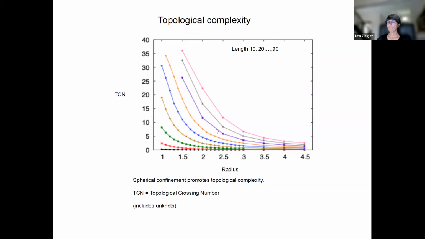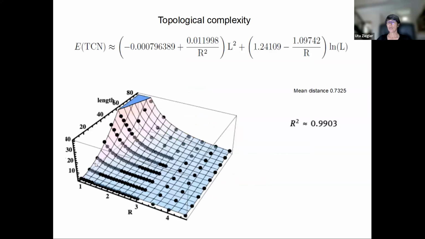Now, we then made a three-dimensional model out of this, where we wanted to know, given the radius and given the length, roughly how this topological crossing number behaves. The important thing here is that it behaves basically relative to the factor of L squared.